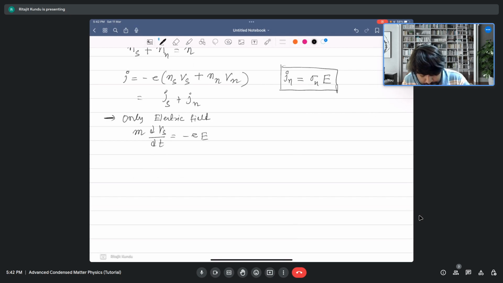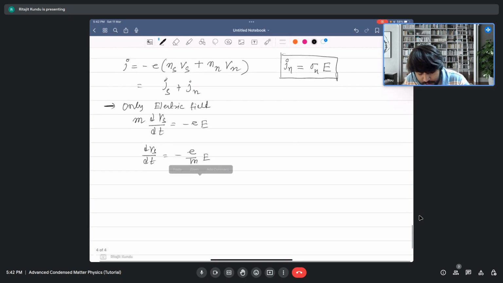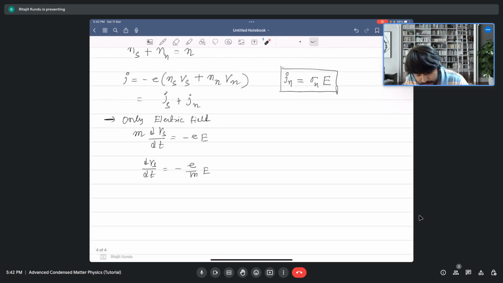So dvs by dt is given by minus eE by m. If we multiply by additional constants like e and ns, we will be able to make this the supercurrent, right?